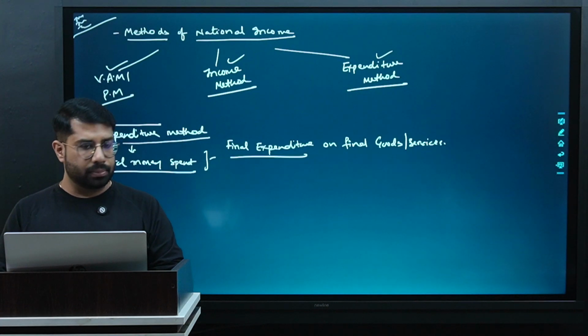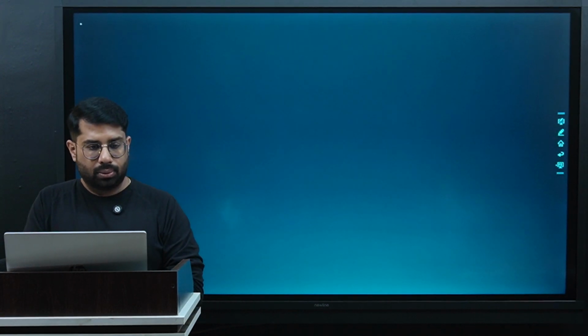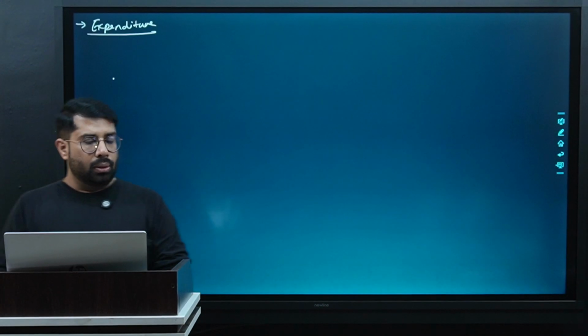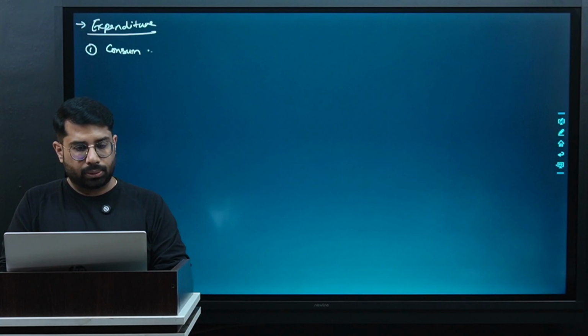Are we clear with this thing? Now, in this method, there are different types of expenditures we will involve here. Okay. The very first expenditure we are taking here is the consumption expenditure.